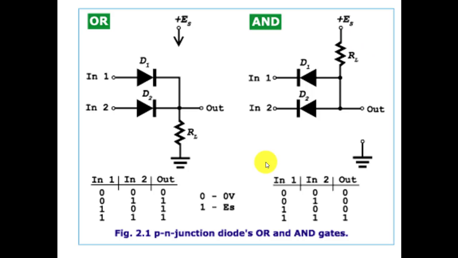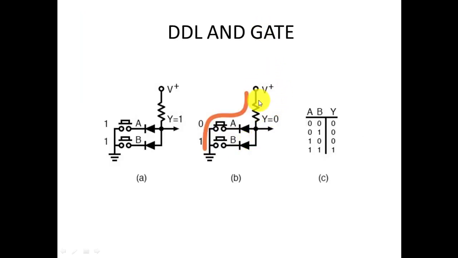Okay, let's see how the current will flow in this circuit. So let's proceed to the next slide where we'll see how the current flows in the circuit. As this resistance is at logic high, whenever there is logic low, the current will flow through the diode from the P side of the diode to the N side of the diode. So whenever logic low appears on any of the diodes, the current will flow through this terminal and go to ground, and there will be no output on the output terminal as all the current goes to ground.